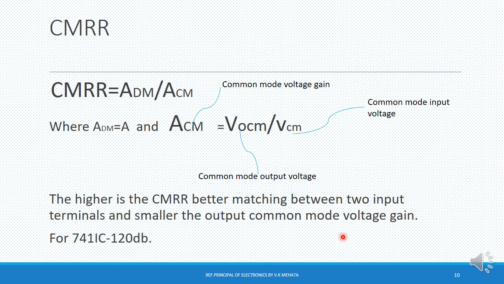The input terminals are well matched and the common mode voltage gain is smaller. Actually, for the 741 IC, the CMRR is 120 dB. Because of that, 741 is a popular linear IC.